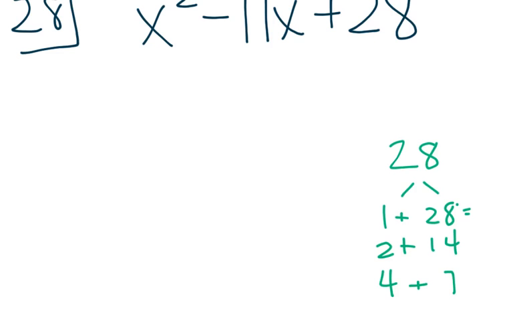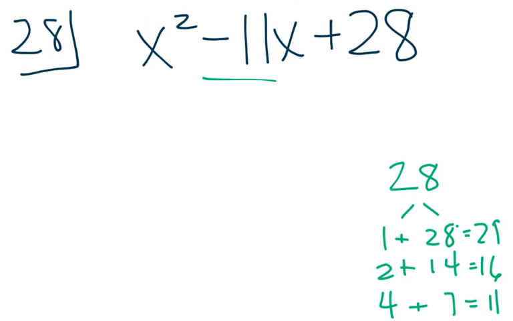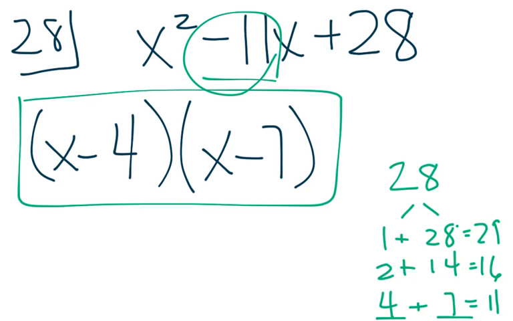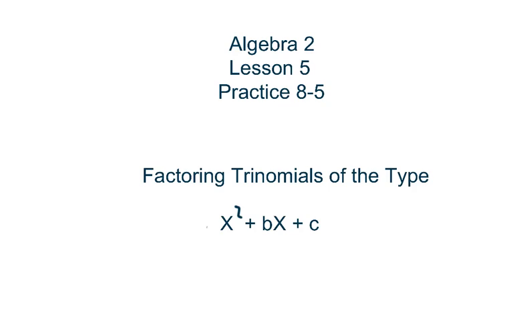So this equals 29, this equals 16, and this equals 11, which is the number that we're looking for, this 11. So we are going to use minus 4 and minus 7. So we have x minus 4 and x minus 7. And this is your final answer for number 28. And that is it for practice 8-5.